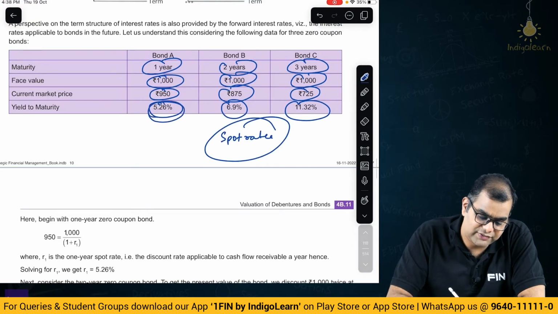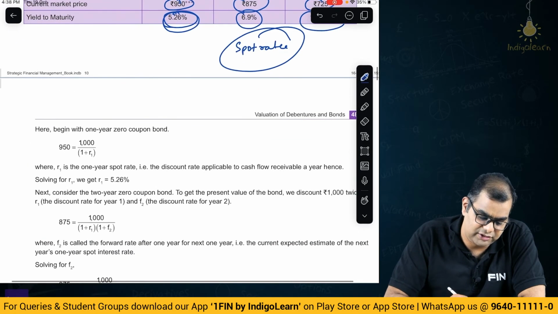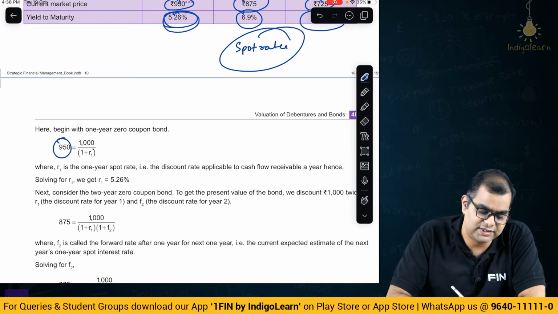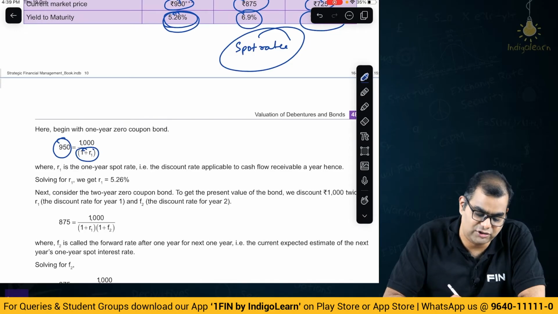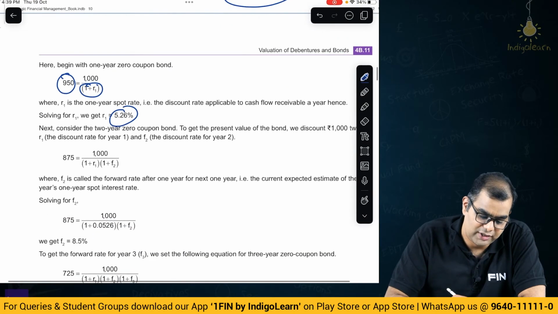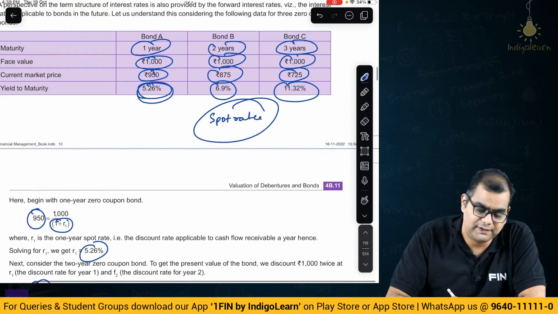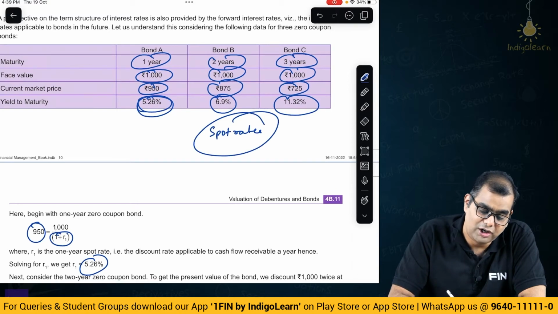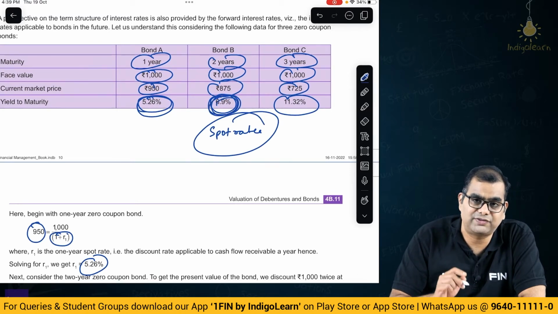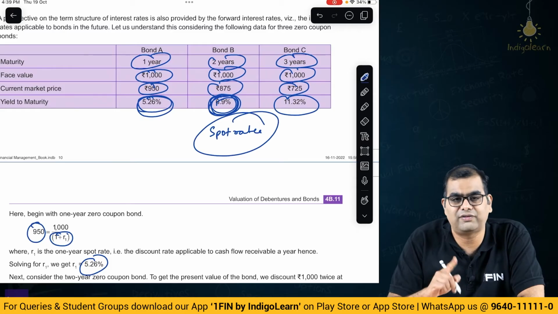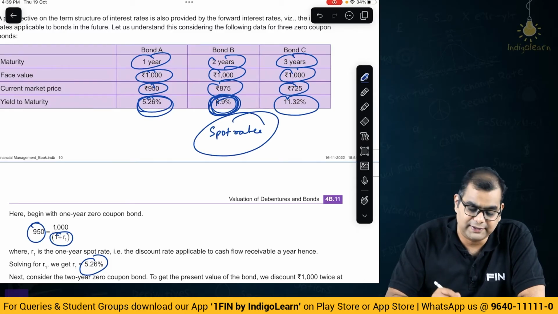So, how did you get this 5.26? When the price is 950, you divide 1000 by 1 plus R, and with 950 as the price, you solve for R, and you get R as 5.26. For 875, the 2 year rate is 6.9, that is from year 0 to year 1 6.9, year 1 to year 2 6.9, right.